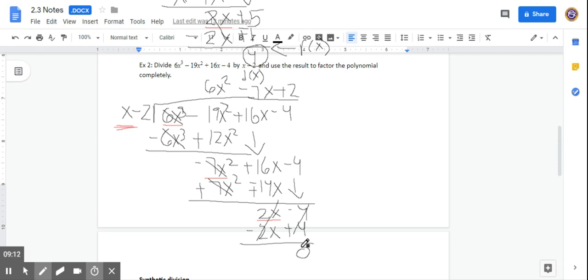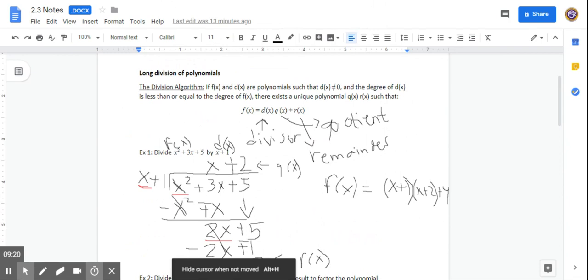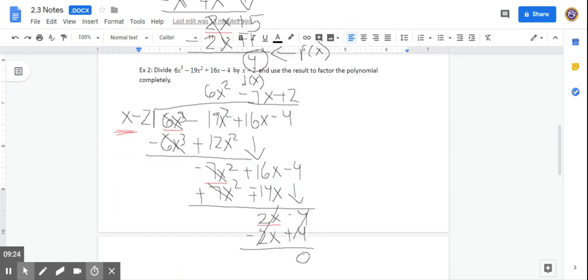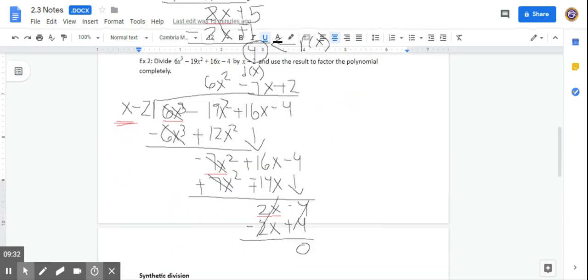So now using the algorithm at the top, we are going to write this as f of x equals d of x times q of x plus r of x, which is going to be 0.